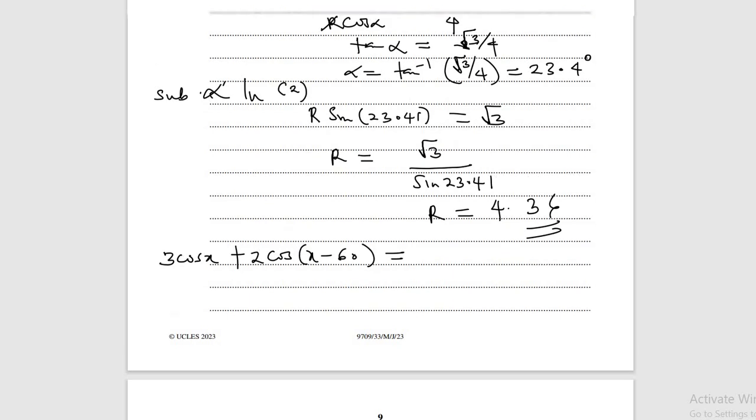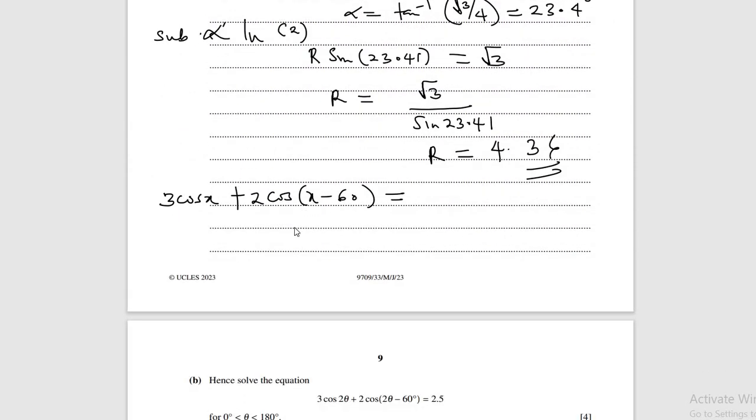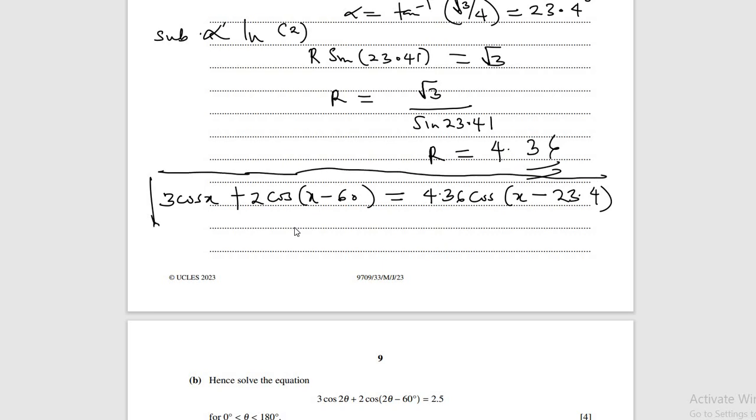So we write it in this form, R cos(x minus alpha). R is 4.36, cos(x minus alpha), and alpha is 23.4. This is what they asked us to do. We've converted this form to this form. That's what they asked us to do.